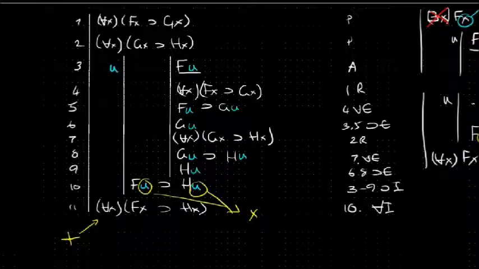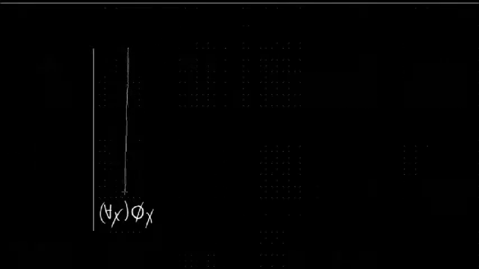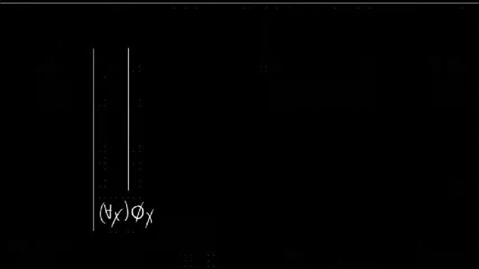Okay? So now let's give a formalization of that, and then we can have a look at another example. In fact, we'll give 2 formalizations because there's 2 ways, as I said, to begin these universal introductions. So, if we're trying to get to every chi is such that phi chi, what we need is a parameter bar.